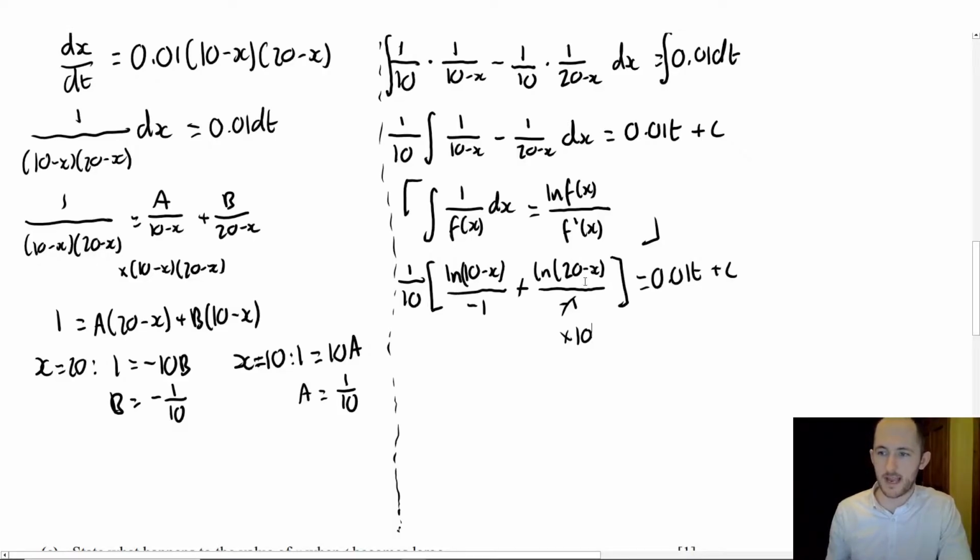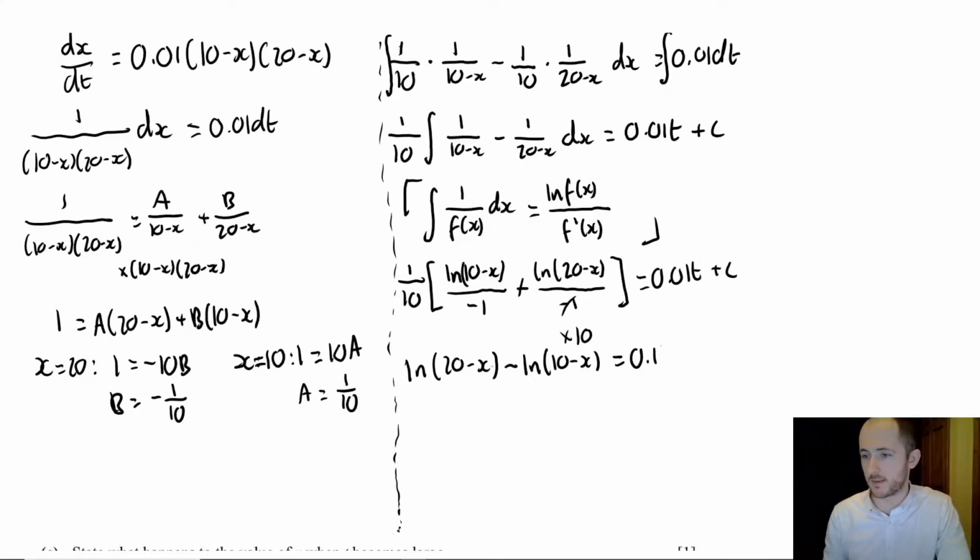So I'm going to write the ln 20 minus x first, minus ln 10 minus x, just to make my life a little bit easier later on. Equals, so I've multiplied by 10, so this becomes 0.1t, and I'm going to call that 10c, it doesn't actually matter.